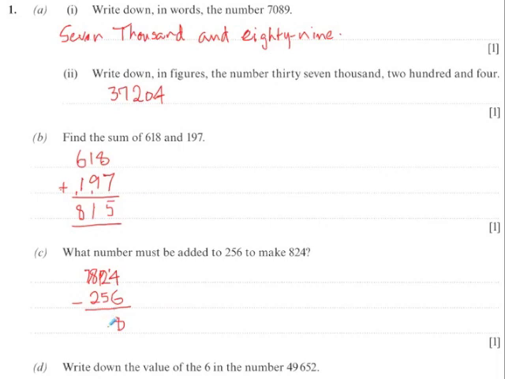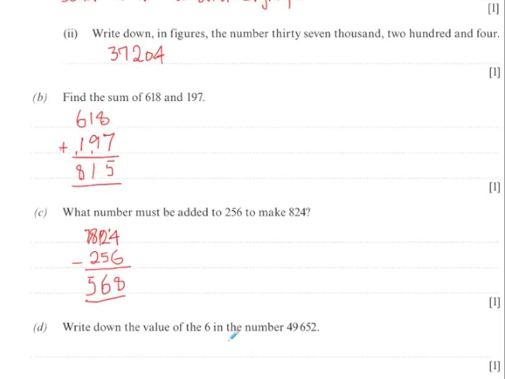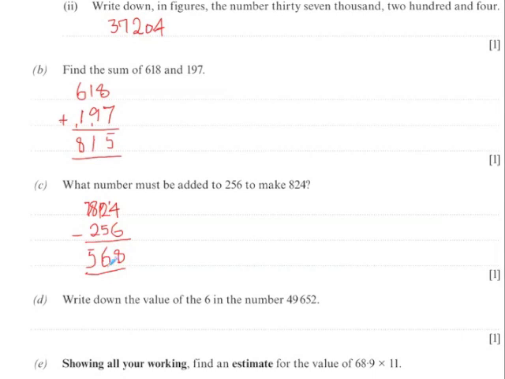So 11 minus 5 is 6. And we've got 7 minus 2 is 5. So 568 is your answer. If you've got time, you can check that back by adding 568 to 256, and that should give you 824.